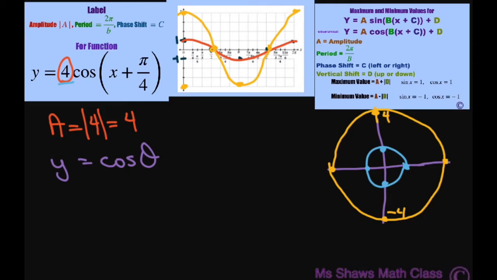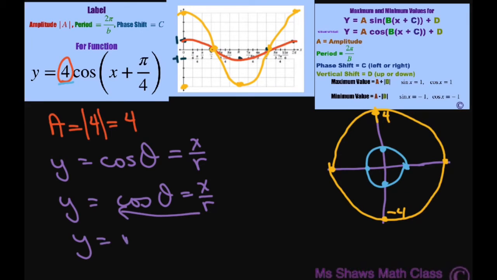All right, and you can also see it in the fact that cosine of theta equals x divided by r. Well, if our radius is 4, that means y equals cosine of theta, which equals x divided by r. But you can cross this up and write y equals r cosine of theta. But now we just call that the amplitude.